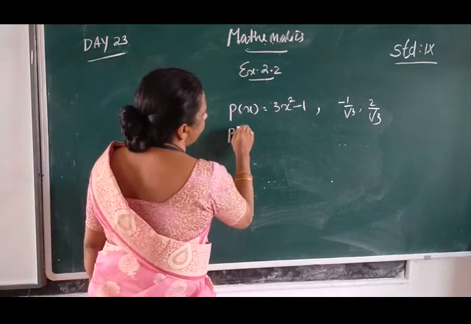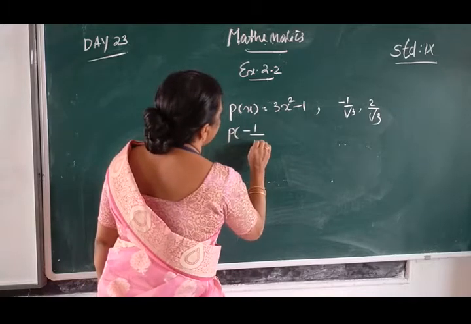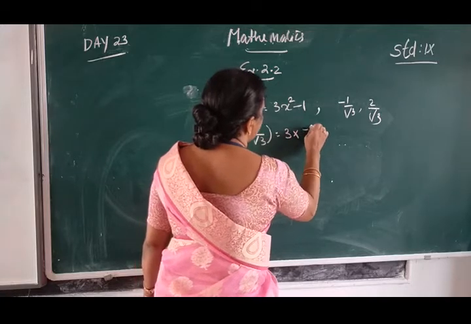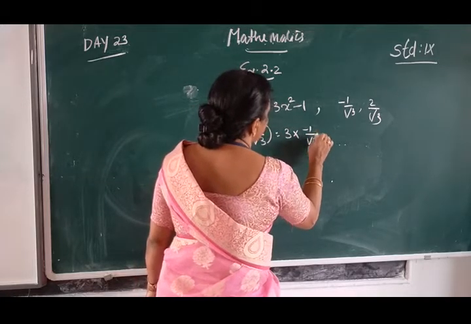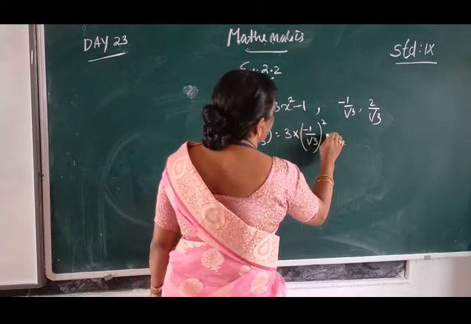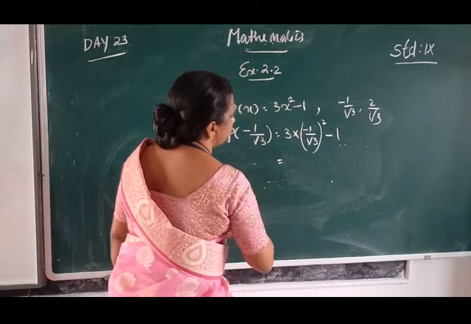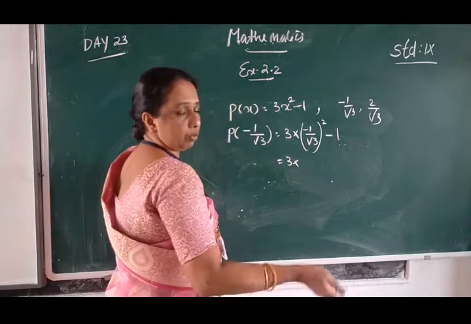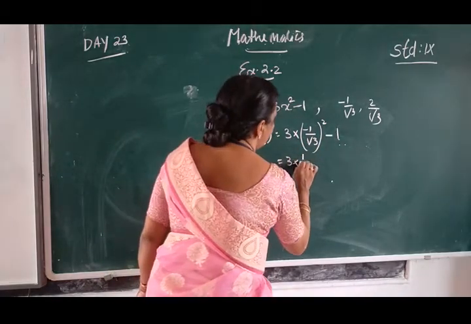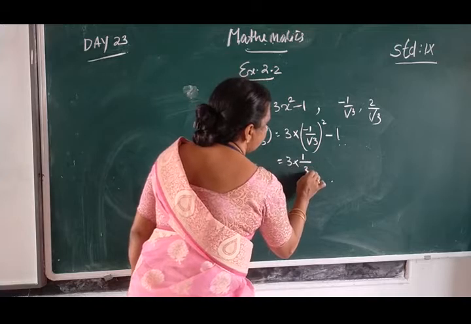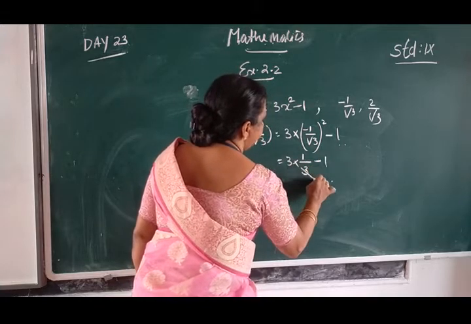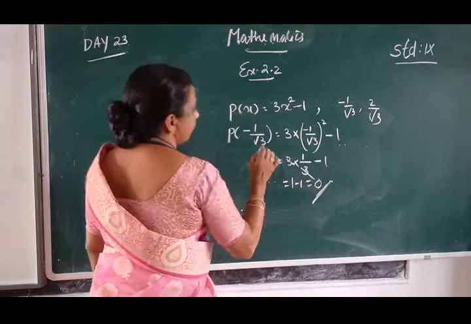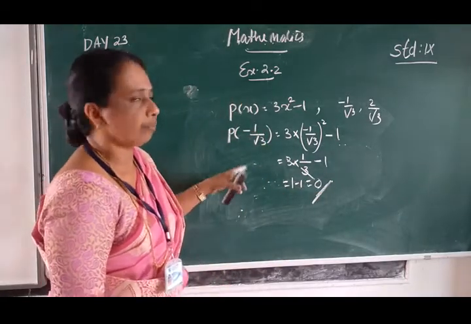First we have to put p of minus 1 by root 3 is equal to 3 into, in the place of x we put minus 1 by root 3 the whole square, minus 1. Is equal to 3 into, a negative number when squared becomes a positive number. 1 square we know 1, root 3 the whole square we know 3, minus 1. Therefore, minus 1 by root 3 is a zero of the given polynomial.